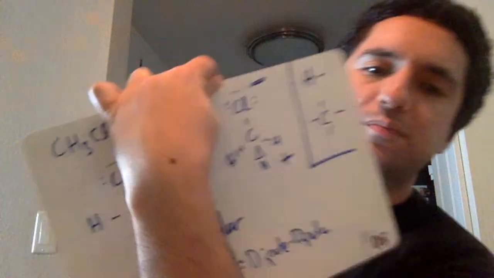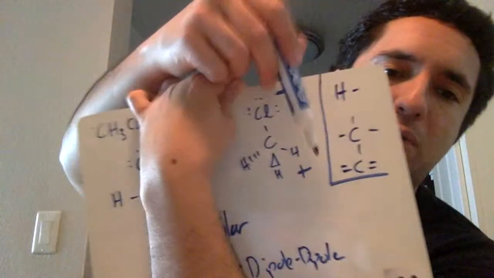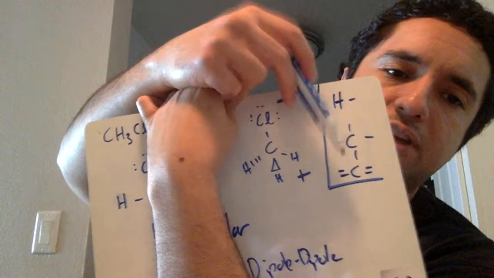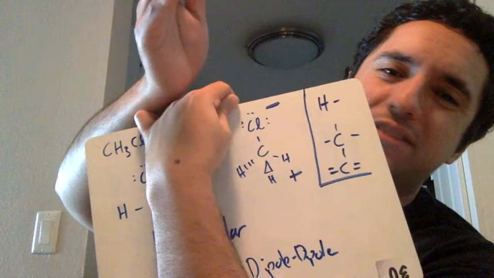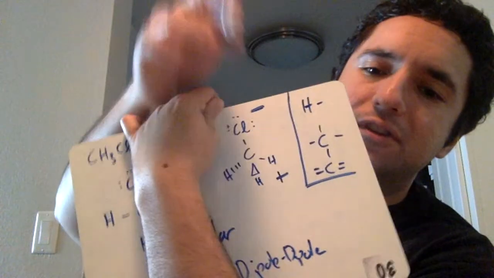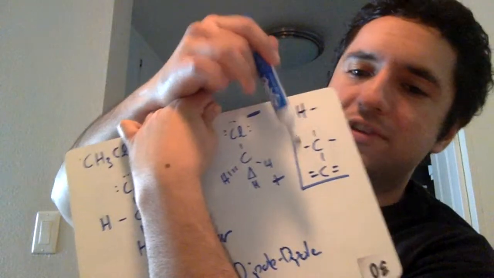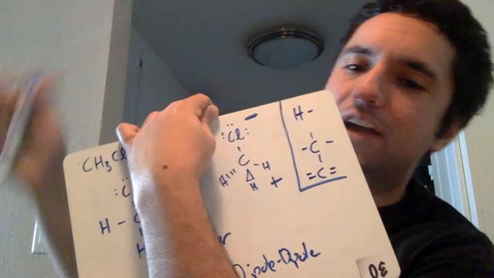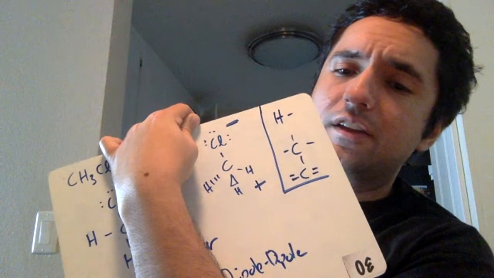It might be 4 single bonds, or with CO2, for example, carbon has 2 double bonds. Carbon just always has bonds. It never really has lone pairs, it's a rare thing. So carbon always has the bonds, and it's always the most central atom.